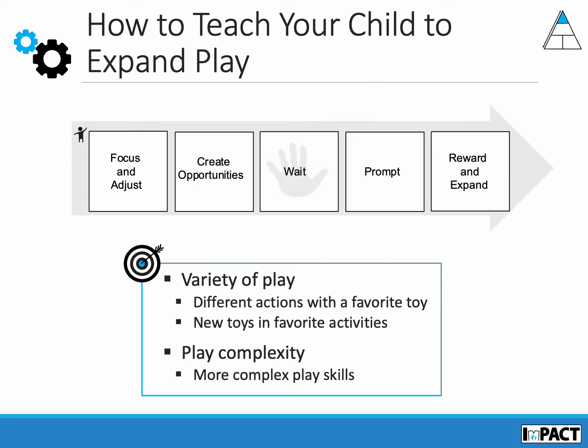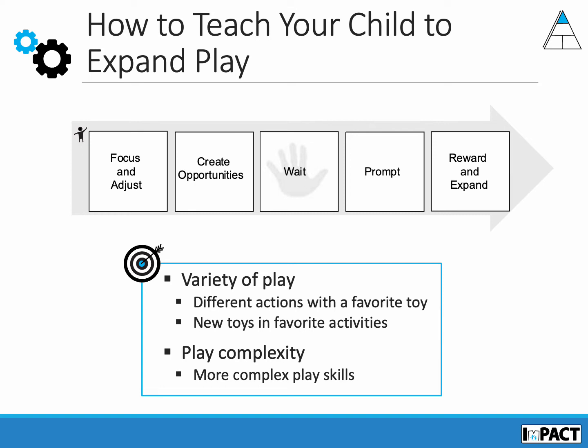You can also teach your child to play in more complex ways by prompting skills that are slightly more complex than the child's current skills. For example, if your child usually plays with toys by touching, banging, or dropping them, teach him or her to play by putting favorite toys in and out of containers.